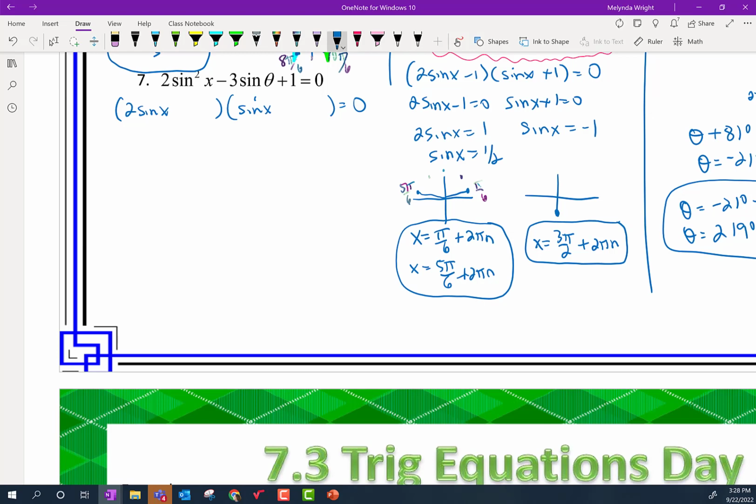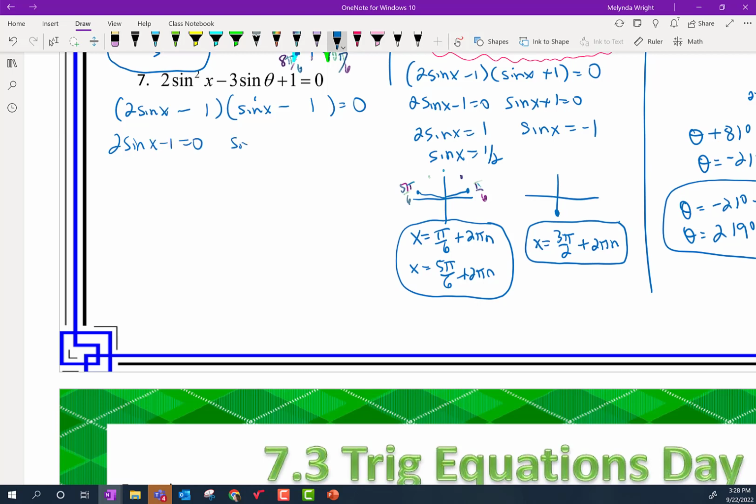The middle is negative, so it has to be negative, negative. And 1 times 1 is the way we're going to get 1. So let's check it out. So 2 sine times sine is 2 sine squared. Minus 2 sine minus 1 sine is a -3 sine. That's perfect. That works. Then we set each factor equal to 0.